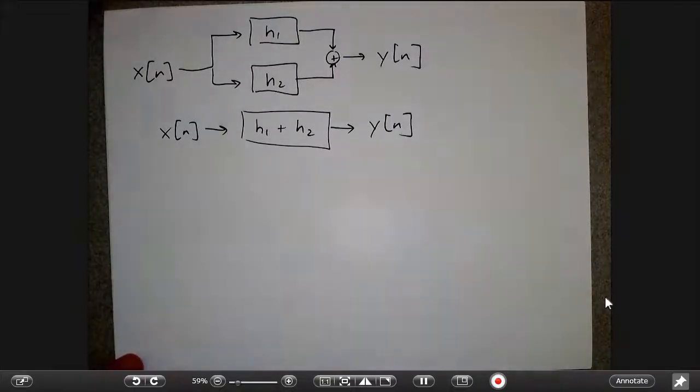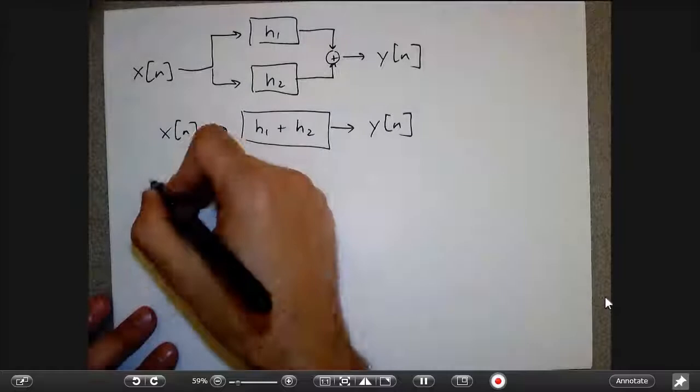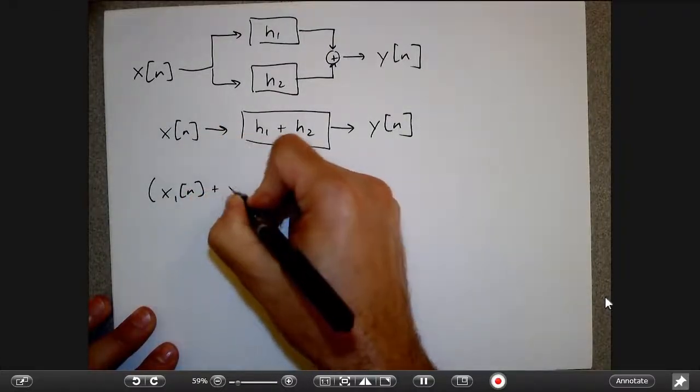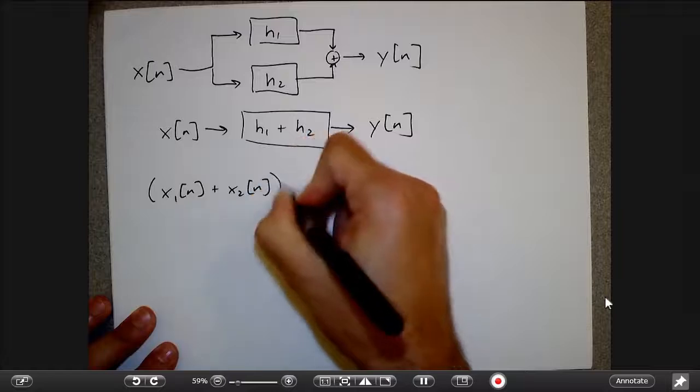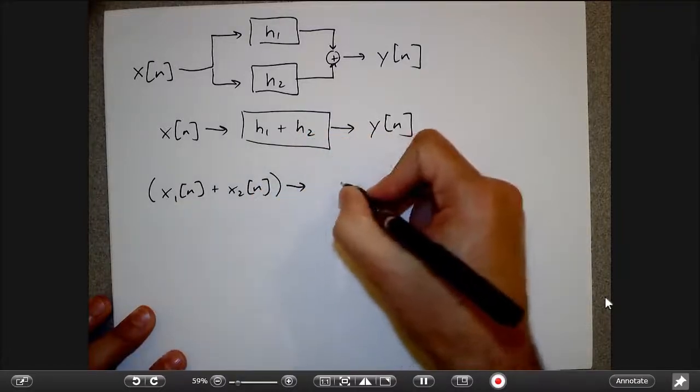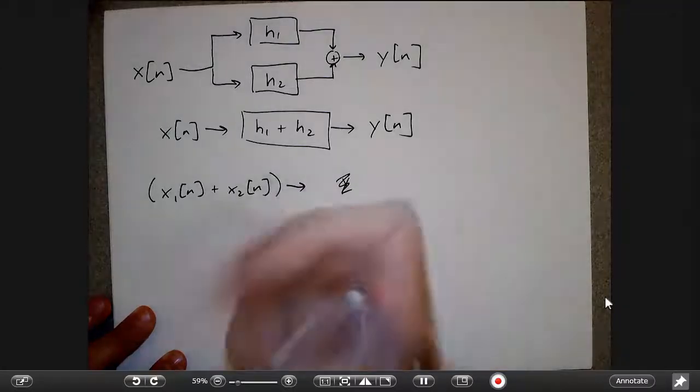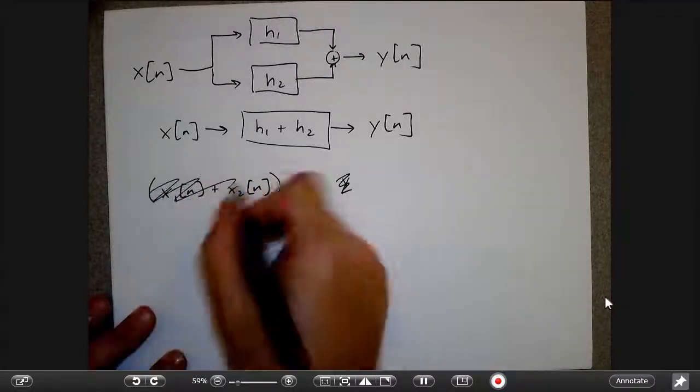Or a slightly more useful way of thinking about this, since I can interchange the x's and the h's, is saying that if I add up two signals and I put them through the system, that what I get out is, actually maybe a better way to think of it. I guess I already knew this was true from linearity, so let me scratch that.